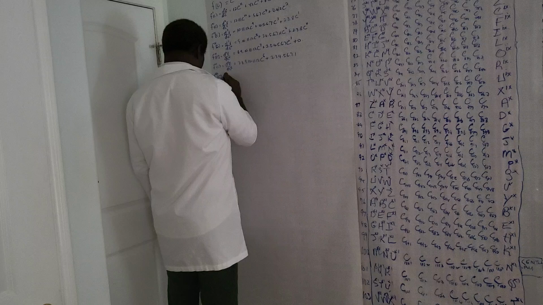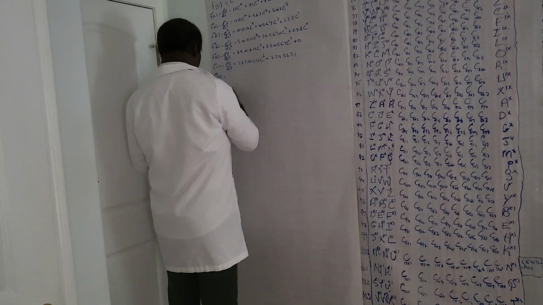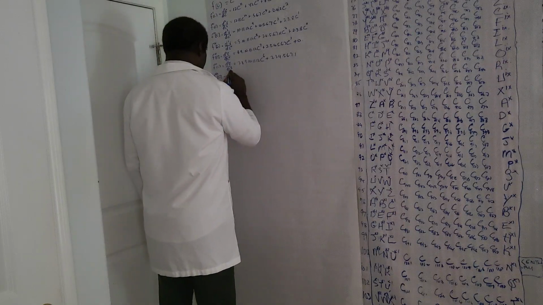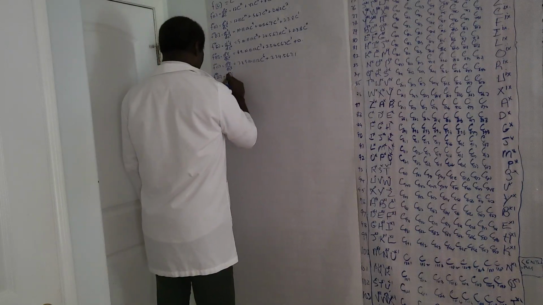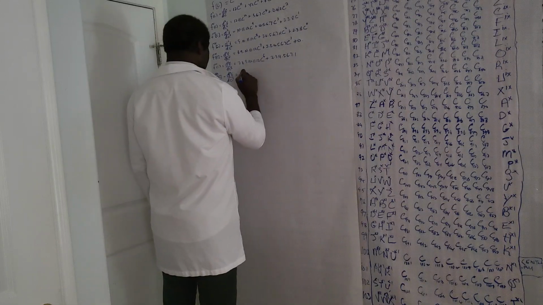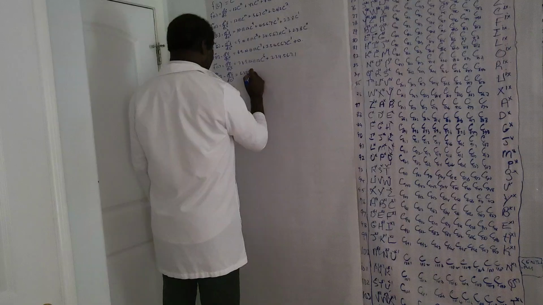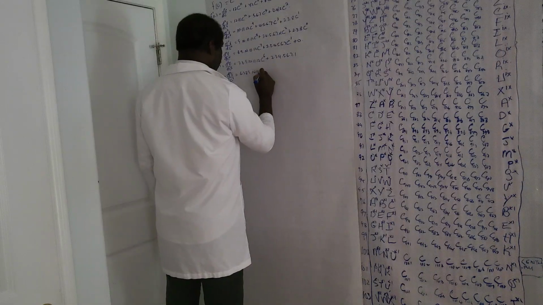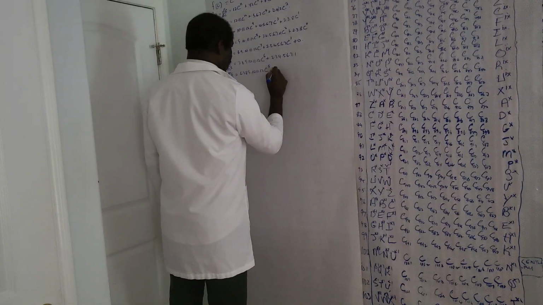As we go along, we have the seventh function of C, f7, equal to d7f by dc7, that's equal to 6 times 7 times 8 times 9 times 10 times 11 times 12 C to the 5 plus 0.